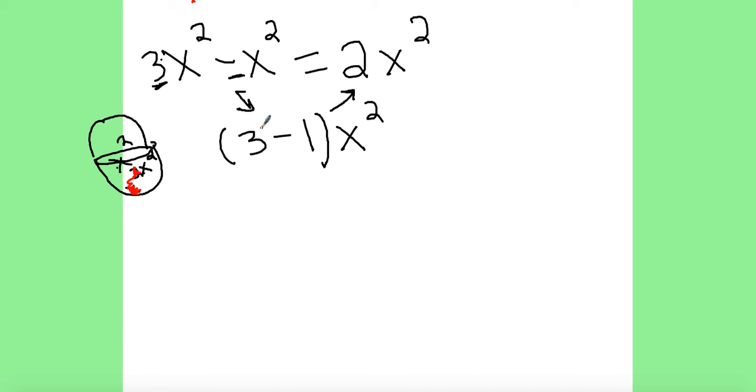Let's take another example. It could be any type of exponent. 6x to the 1/3 power minus 1.5x to the 1/3 power. Okay.